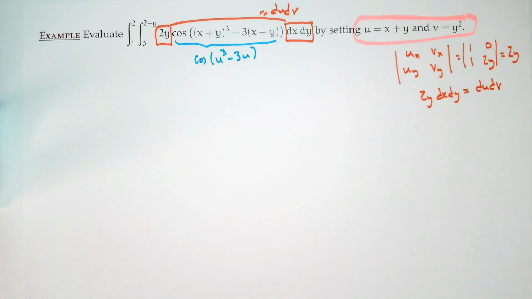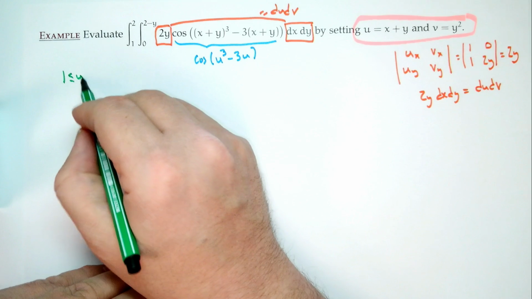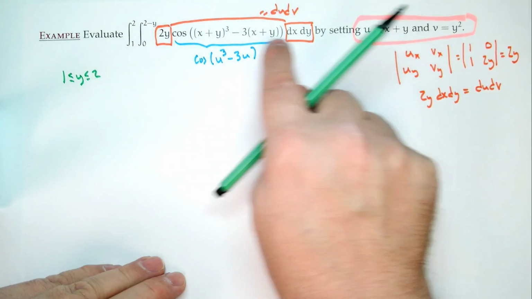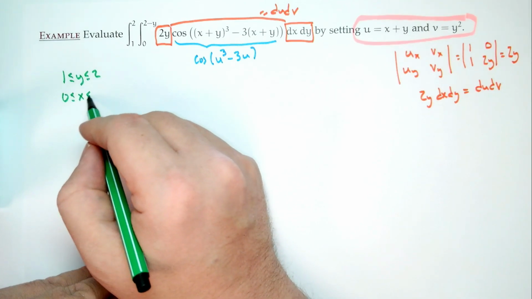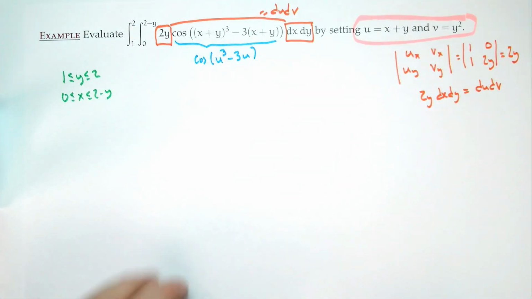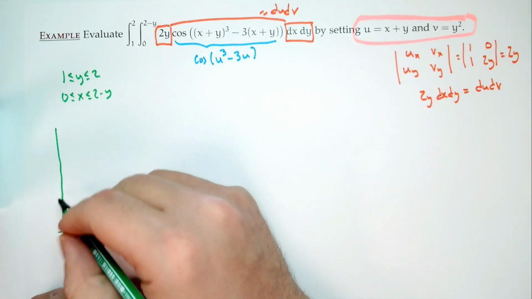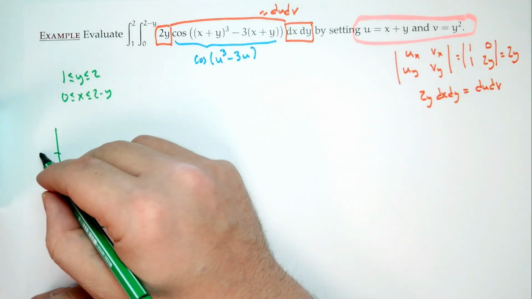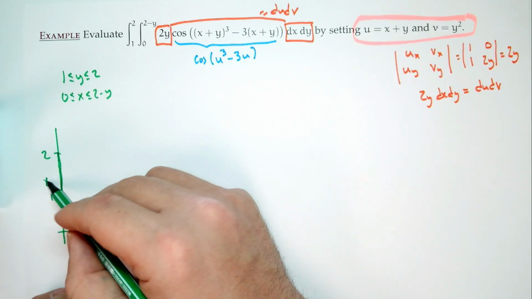The last thing to do is to do our bounds. So let's think about our bounds. Currently, we have that y goes between 1 and 2, and x goes from 0 up to 2 minus y. So our picture here: here's 1 and 2, and x equals 0 is this part.